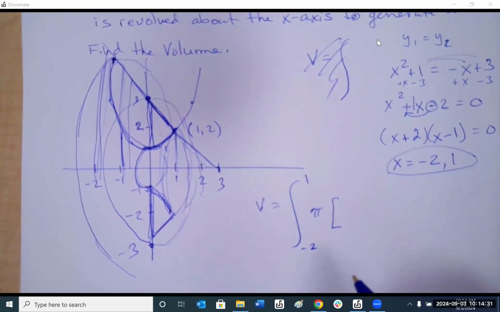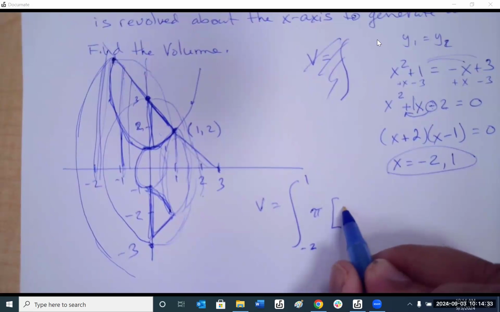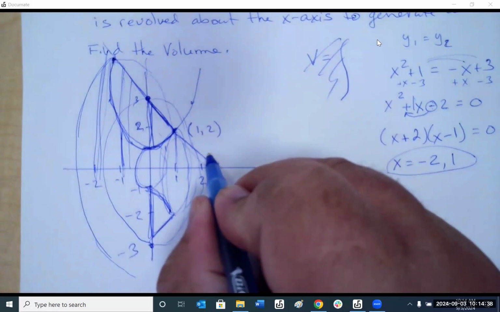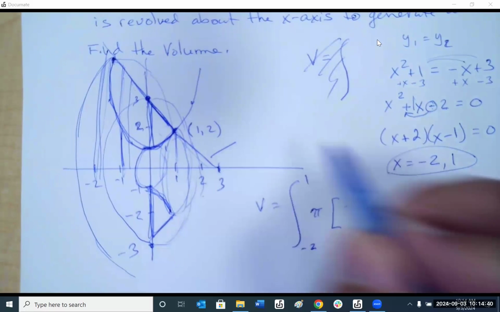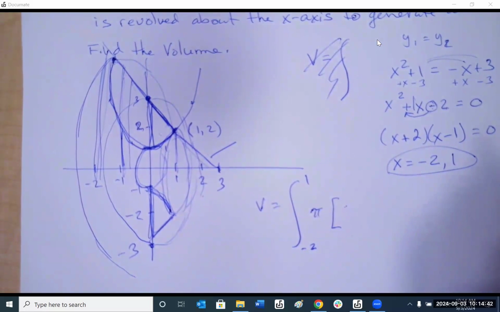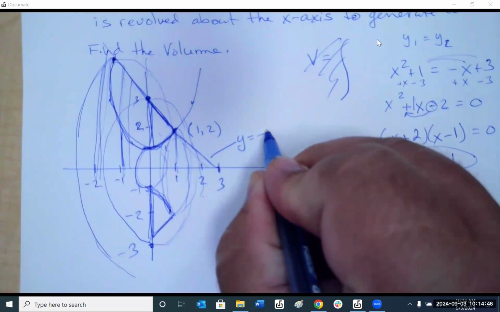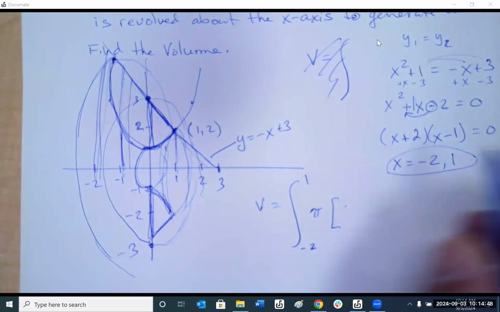So what's the outer function? What's the outer radius? What's the equation of this outer line? Negative x plus 3.